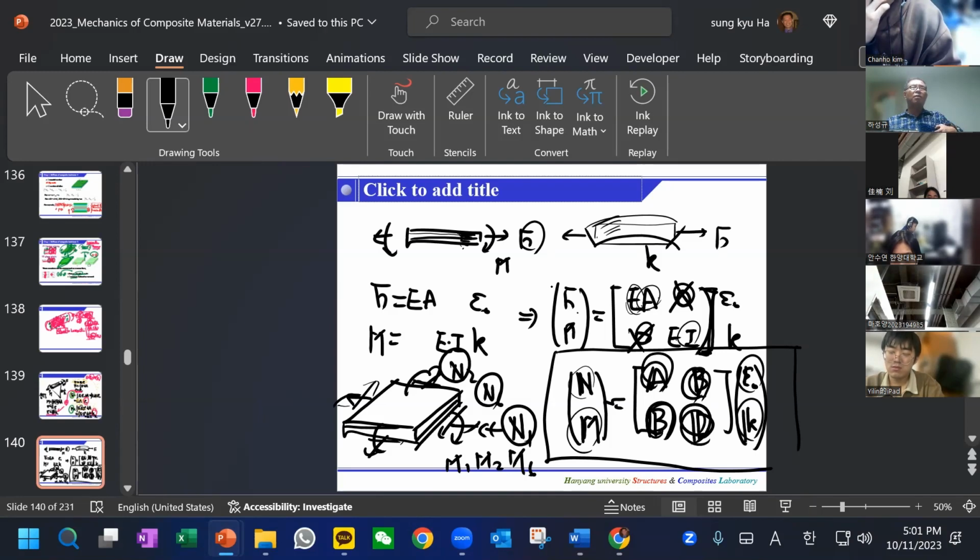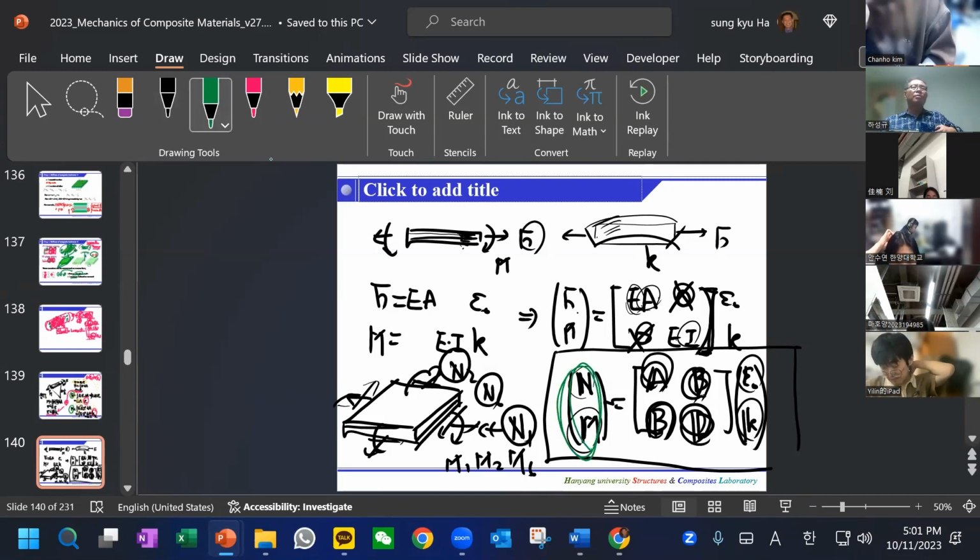You can always refer to other references to see how we calculate the ABD from each ply and from each sequence. But the point here is that this will be given. And then you can calculate this one because we know the layup sequence.